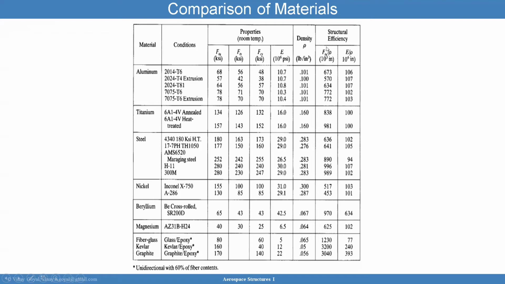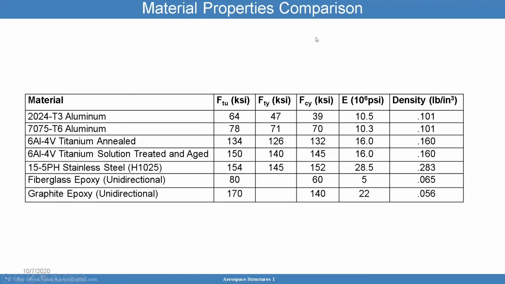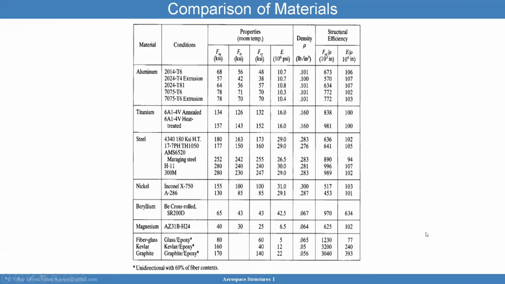And what we're doing here is taking the ratio, so exactly what we talked about, taking the ratio of this to density to see what's more structurally efficient. When that is done, and I take the ratio of tensile divided by density, what I get is this value here. You can see clearly that one of the greatest tensile strength per density is steel in general, but also composites by quite a bit.